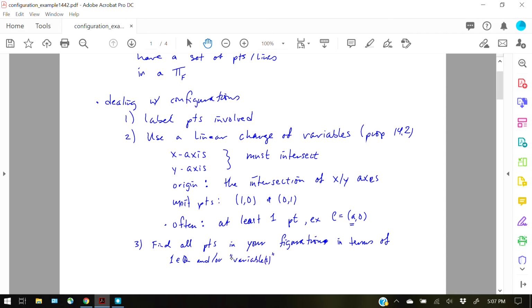So like for example, right here, we said, hey, we don't know what point C is, wherever C was, but we're going to throw in this placeholder variable of A. Okay, so you find all of your points in the configuration in terms of either one or those variables.